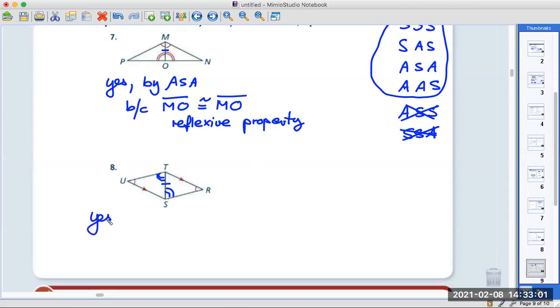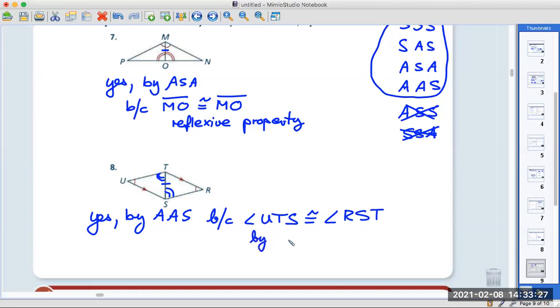So yes, by angle, angle, side, because angle UTS. So I'm naming this one UTS, congruent to RST, angle RST, by alternate interior angles theorem.